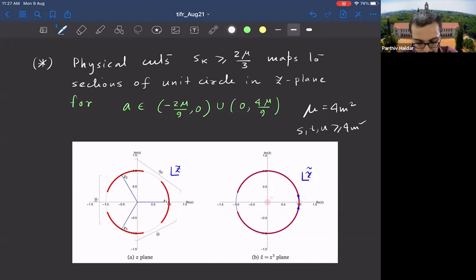In order to maintain that, we are considering A to be lying in this region. So we are considering A to be non-zero. A equal to 0 is just a trivial point where the amplitude really vanishes, so we will not consider A equal to 0.